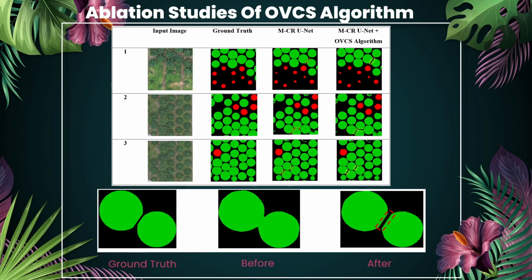And here we ran an ablation study on the OVCS algorithm. We found that applying the OVCS algorithm is very effective in removing the overlap boundary, hence improving the detection performance.